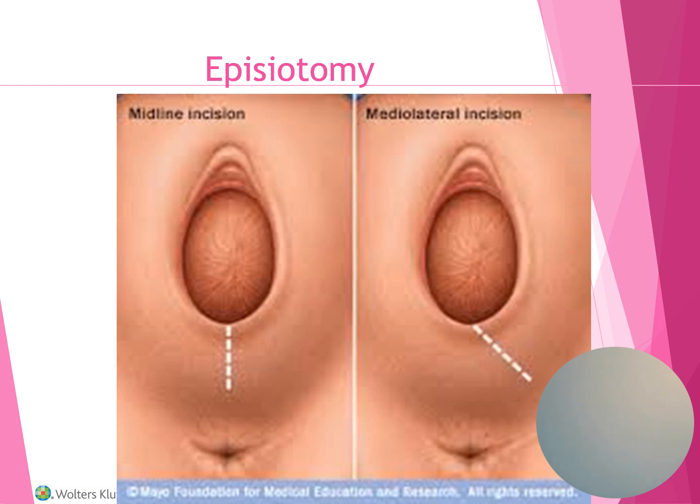The healthcare providers will cut if they feel like mom is going to tear with delivery. In other words, the vaginal tissues are not going to stretch enough. They think it's easier to repair a cut than it is to repair a laceration. So the need is determined just prior to delivery.